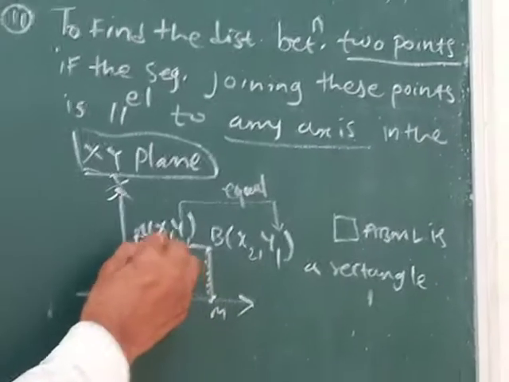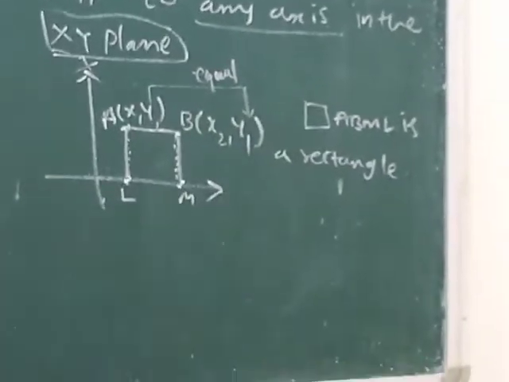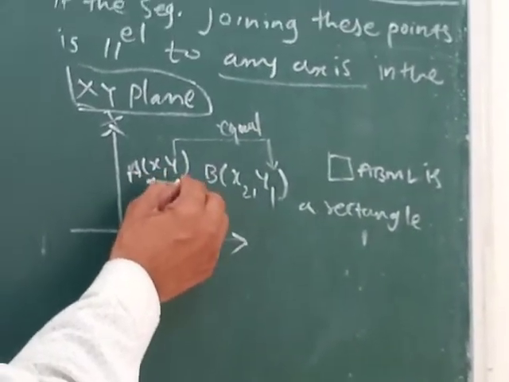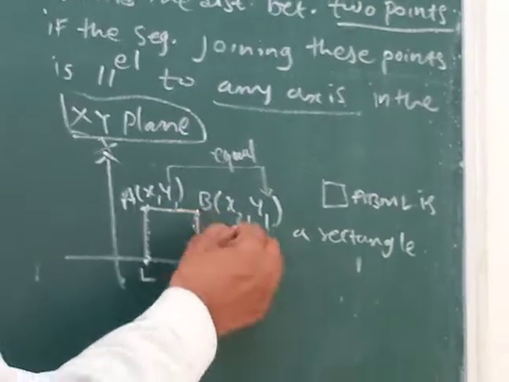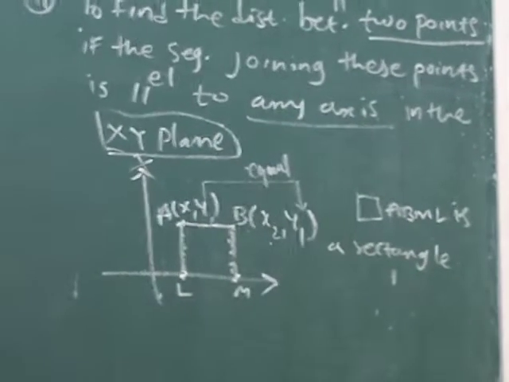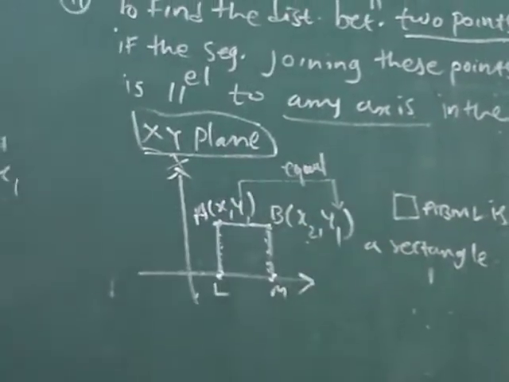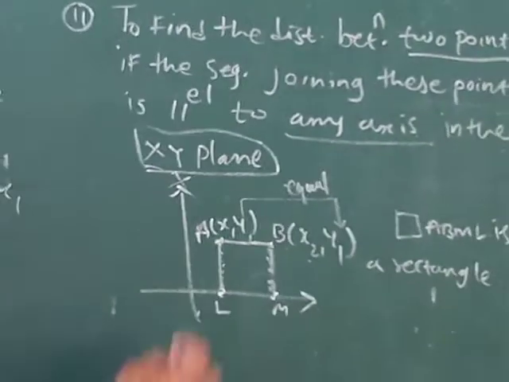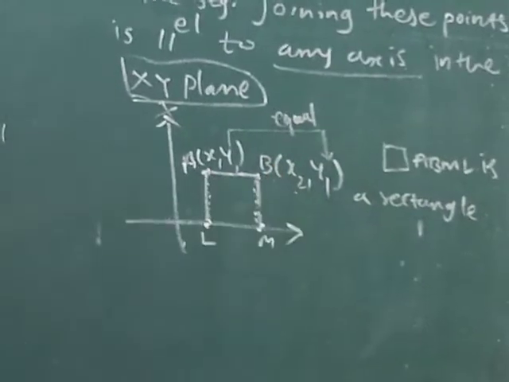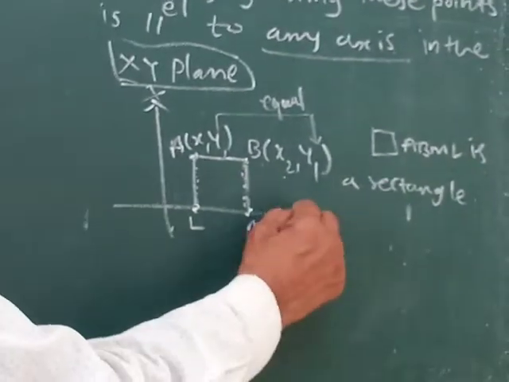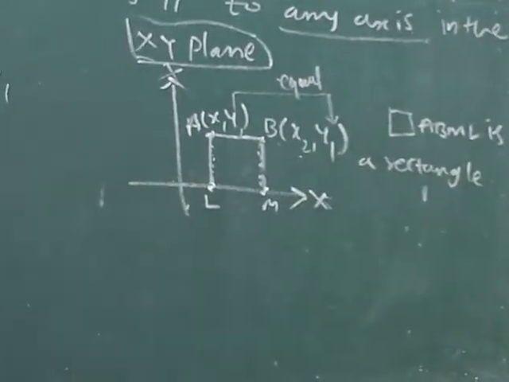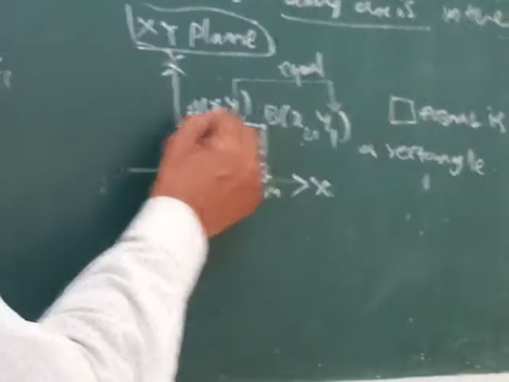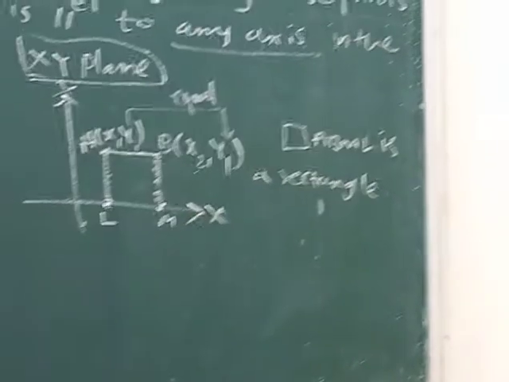Point A has coordinates (x1, y1) and point B has coordinates (x2, y1). Here the y-coordinates of A and B are equal, so the segment AB is parallel to the x-axis.